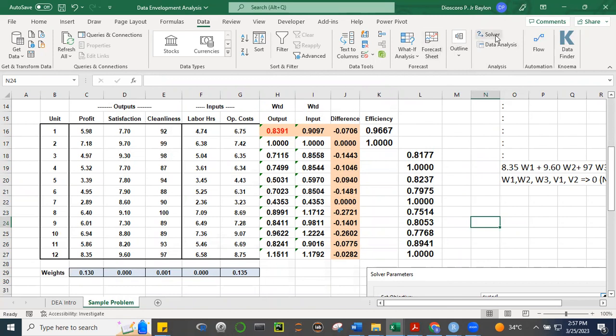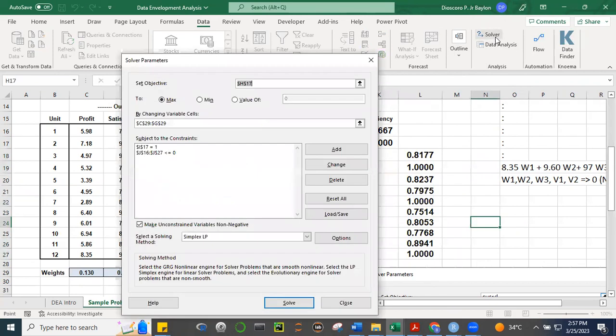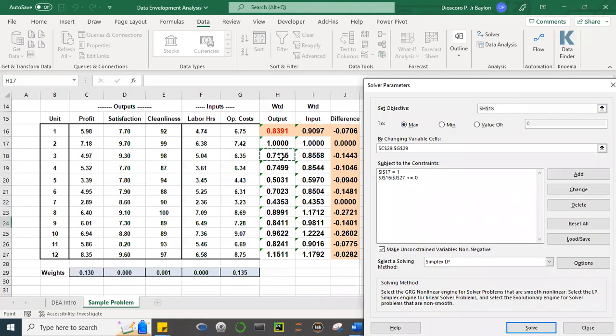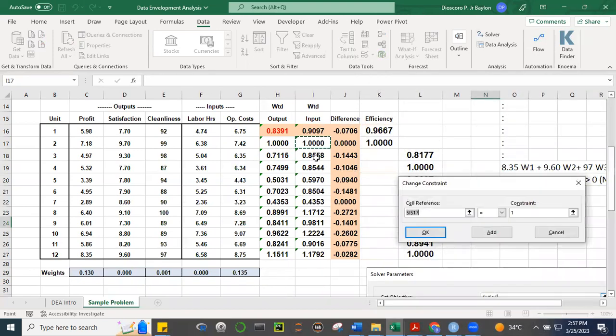Ganun pa rin. So we will have to repeat the process. This time, this will be the objective function because we're dealing now with unit number 3. Okay, same changing cells, and then our constraints will change. It will be the weighted input of unit number 3.